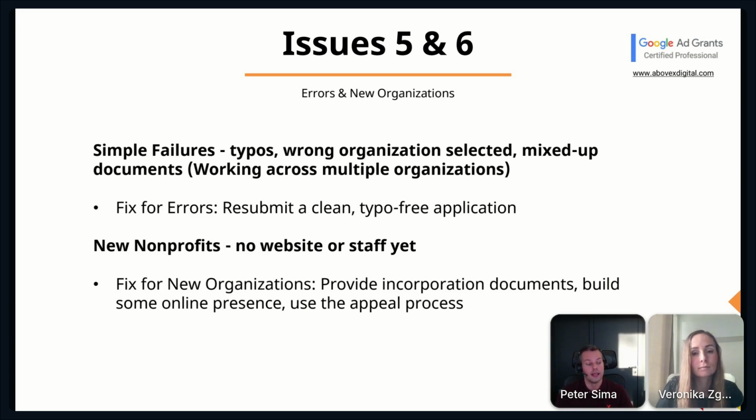Don't do that, and don't apply without all the documents ready, right? But if you do these two basic things, it's a relatively simple and quick process. That's at least my experience. I know there are more issues that we'll talk about, but from my experience, affiliation and then missing documents are the critical parts of the whole process.